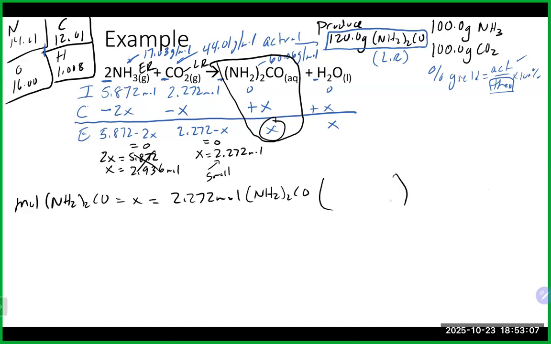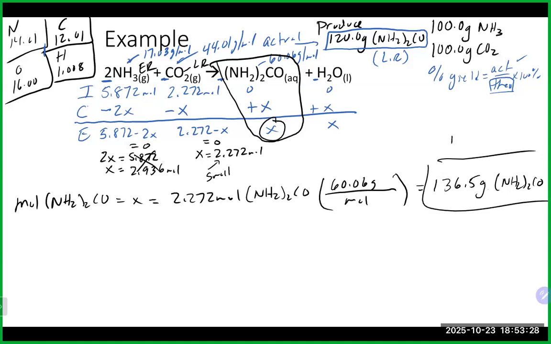And now using that molar mass we calculated up front, 60.06 grams per mole from the periodic table, that will get us about 136.5 grams of NH2CONH2. That would be our theoretical yield.